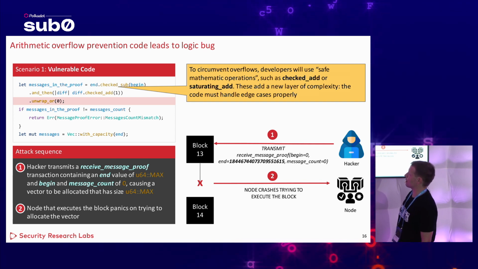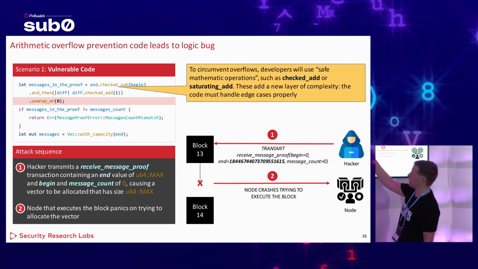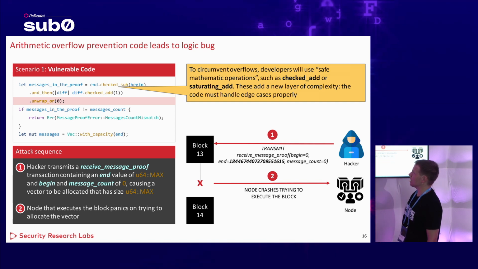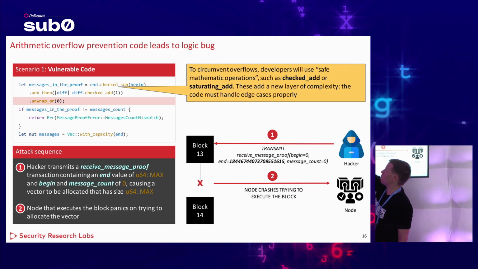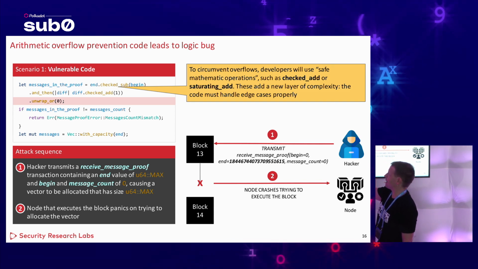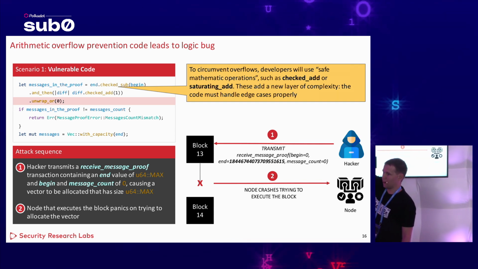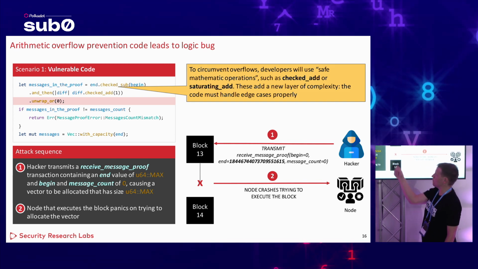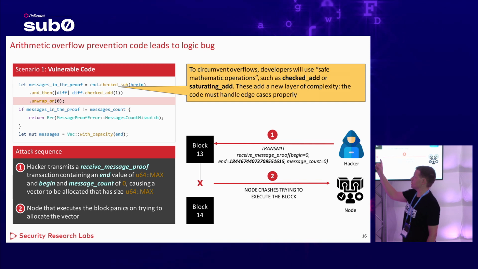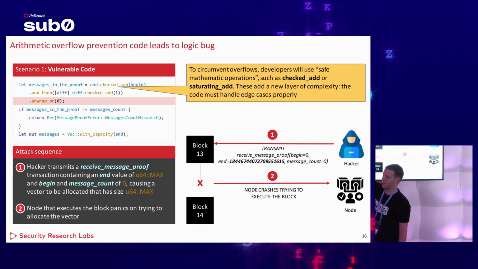And if it is successful, it returns a Some with the value. So here you have the number of the last message, minus the number of the first message. And then it adds a 1, because the ranges are inclusive. So the number of messages is the difference plus 1. And if it overflows, it continues with the number 0.